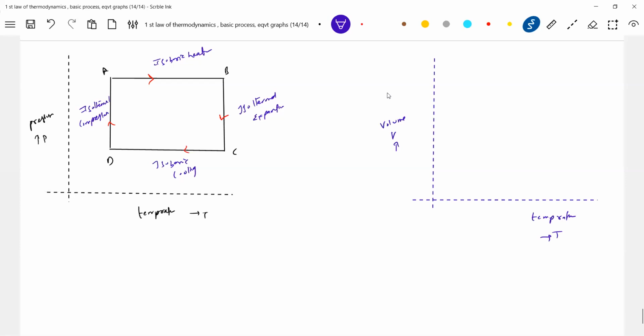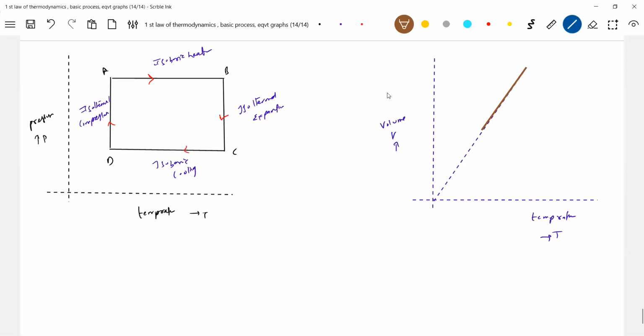Isobaric heating in VT graph: straight line passing through origin. I'll bring like this. I'm not very sure how the curve will be, rough, just trial and error. Now what is BC?